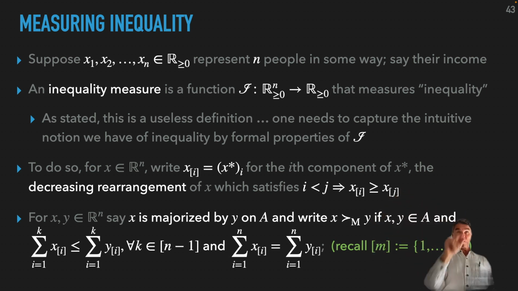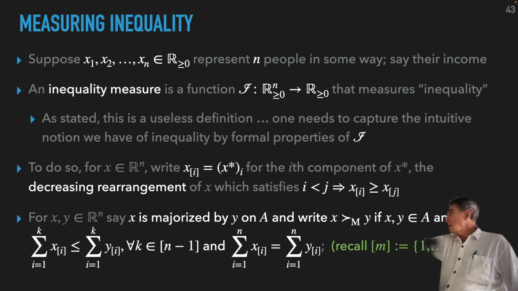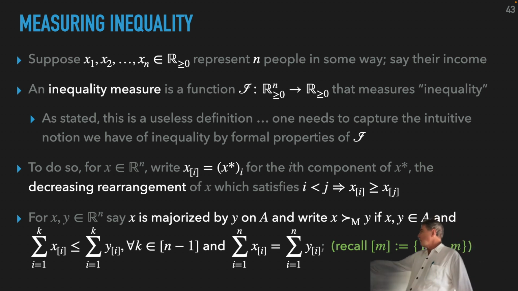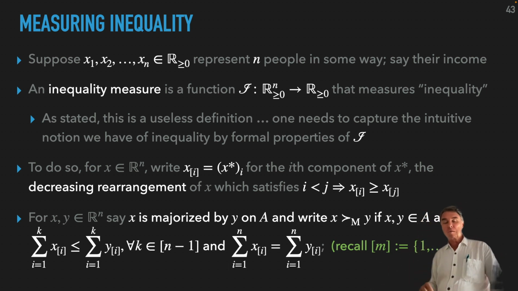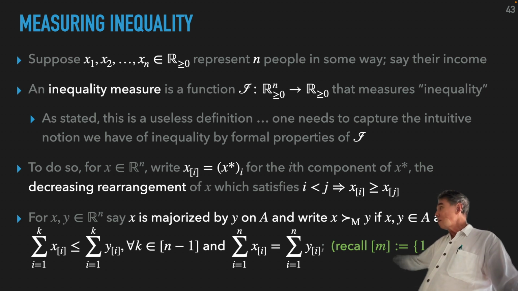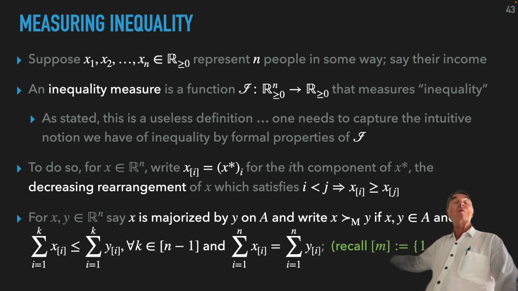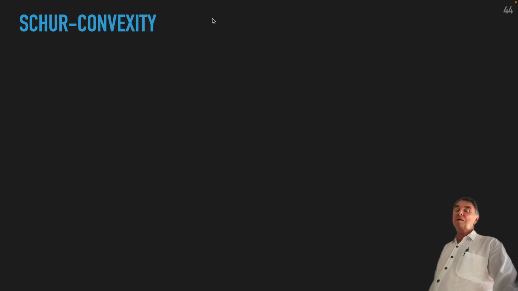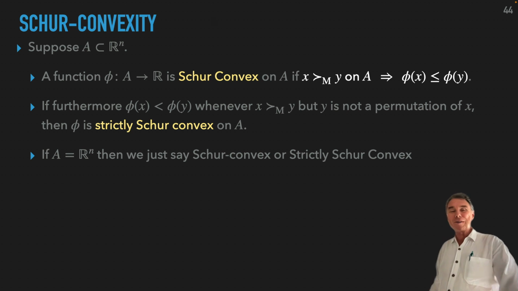So x subscript square bracket i is the ith largest income. If we have this condition holding, then we say X dominates Y in this sense, in the majorization ordering. I realize that just looking at these formulas for the first time, that won't mean much to you. I think that's the second most complicated thing I'm going to show you.